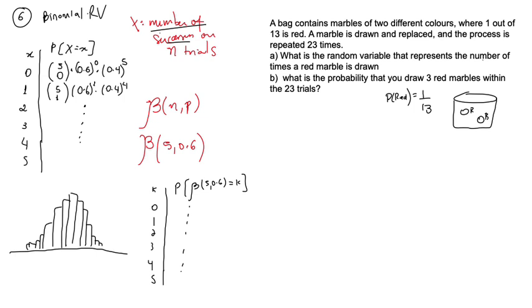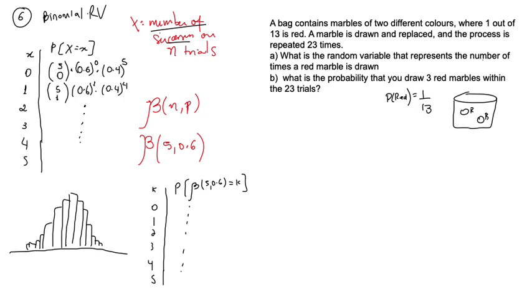So the probability of having that option would change. This is important. If he replaced the marble, that's a repeated trial. That's a binomial random variable. So A, what is the random variable that represents the number of times a red marble is drawn?